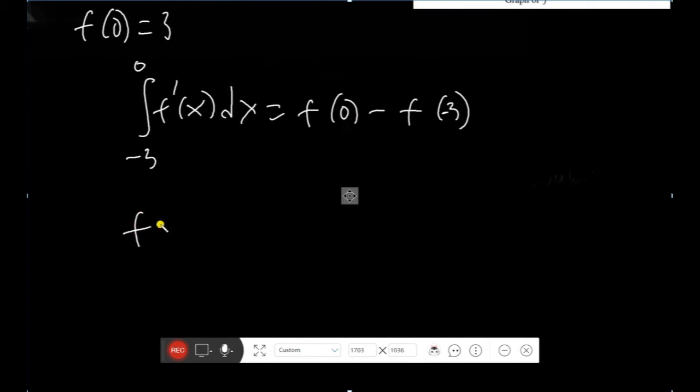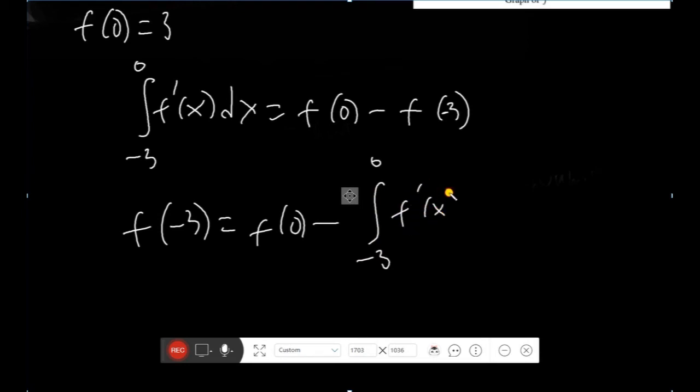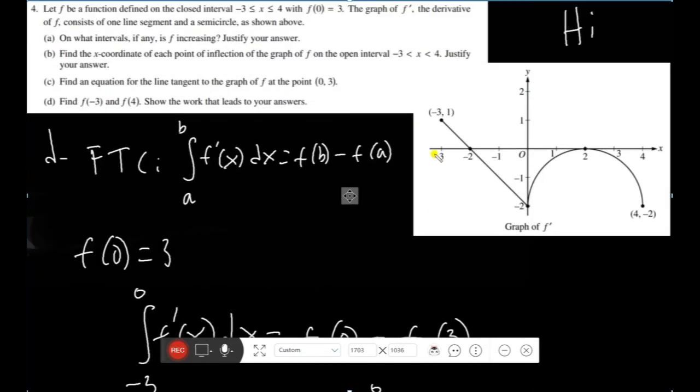This is f of 0 minus the integral from -3 to 0 of f prime of x, right? So let's solve this integral here, the area from -3 to 0, from here all the way to there. What that's going to be is this triangle minus that triangle, because this is positive and that's negative, right?